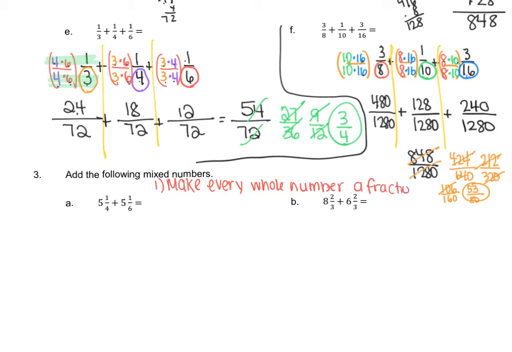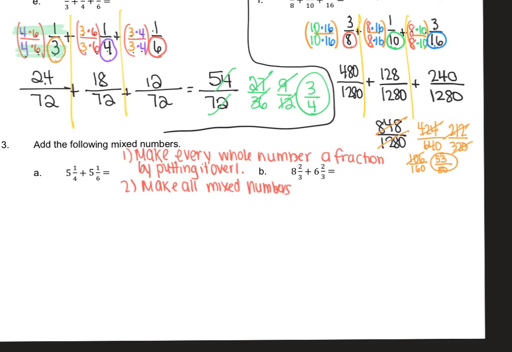The way you do that is by putting it over 1. Second, make all mixed numbers into improper fractions.